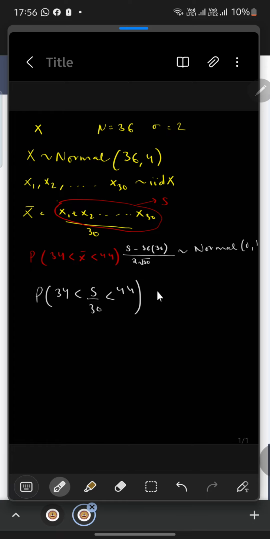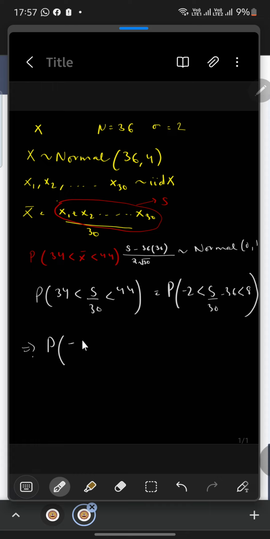So we can rewrite it as the probability of 36 minus 2 less than s upon 30 less than 36 plus 8.